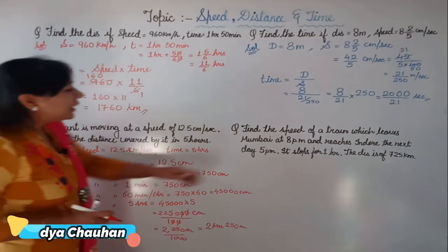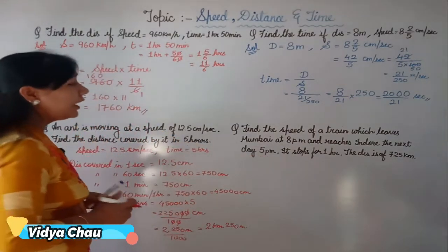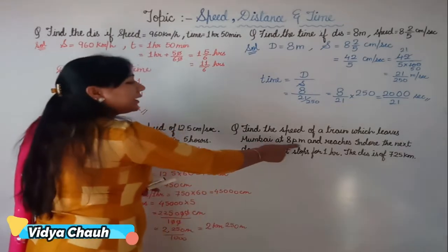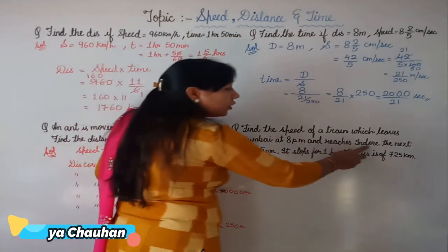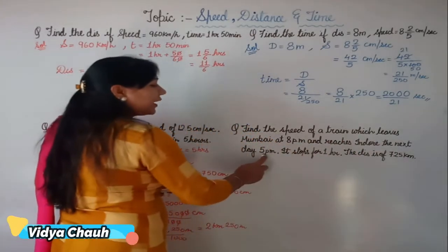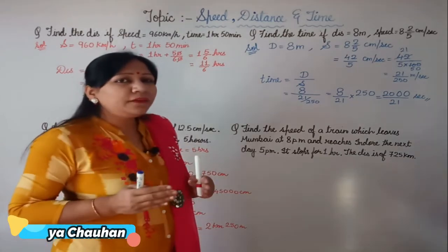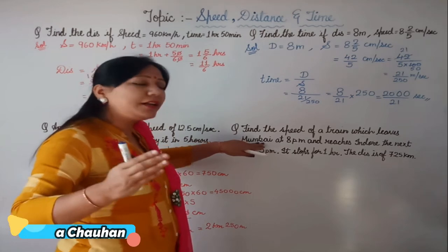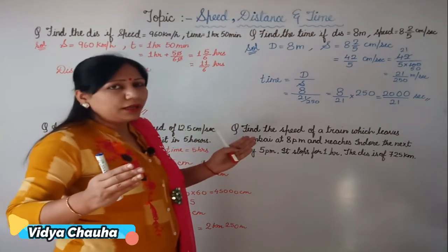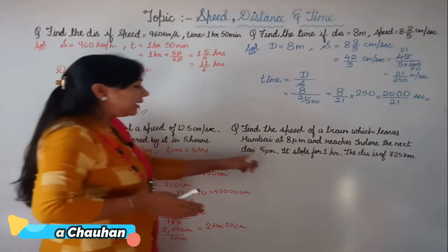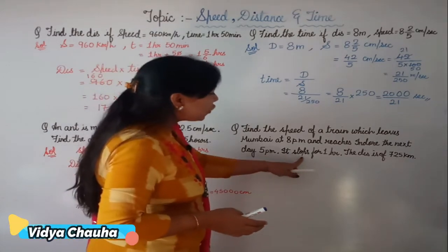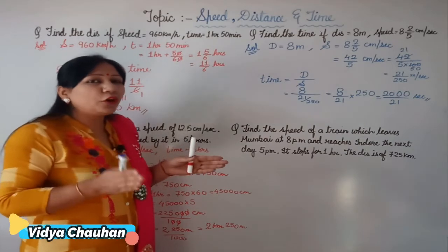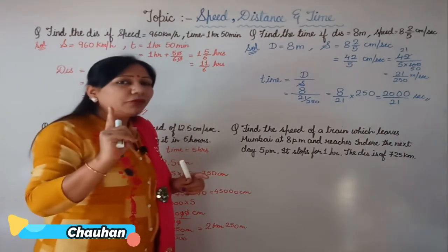Clear, students? Coming to the fourth question, in which you have to find the speed of a train which leaves Mumbai at 8 p.m. and reaches Indore the next day at 5 p.m. So there is a train which is starting from Mumbai at 8 p.m. and it is reaching Indore, the other station, by next day 5 p.m. It stops for 1 hour between Mumbai and Indore; it has taken a pause of 1 hour.